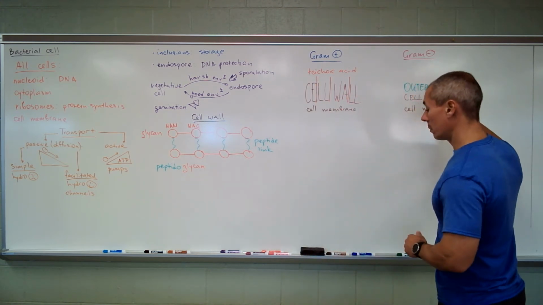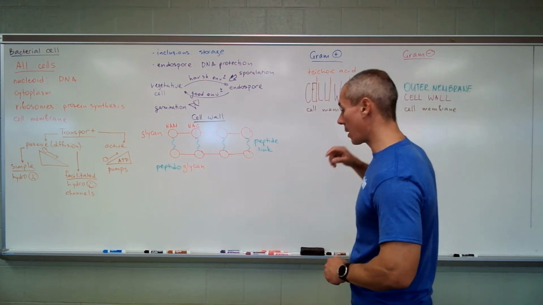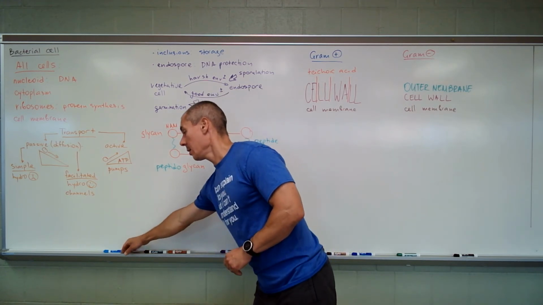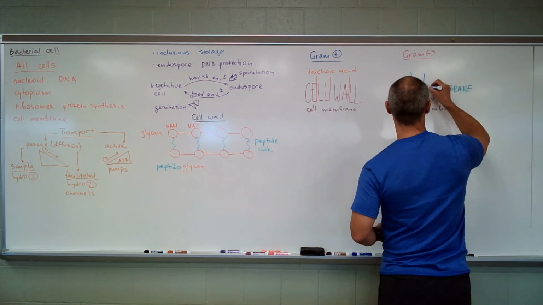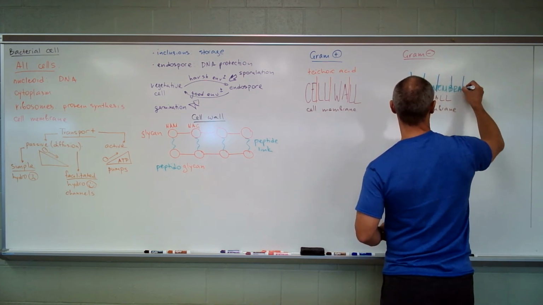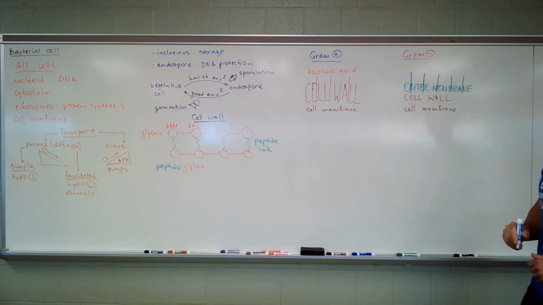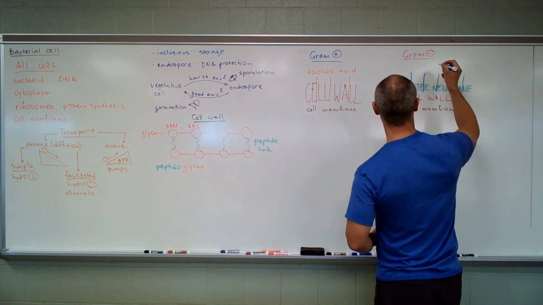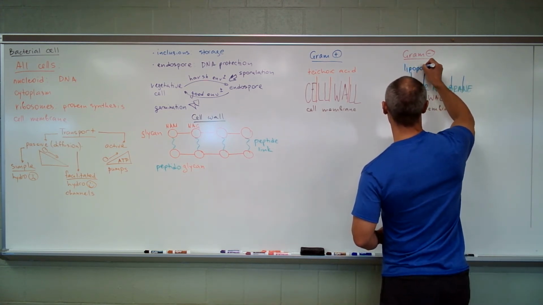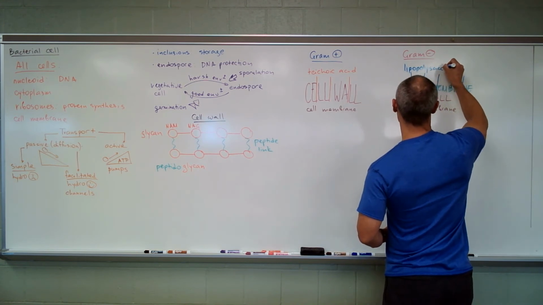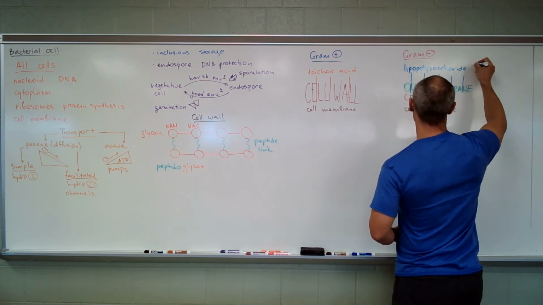And what about the gram-negatives? Turns out gram-negatives have a fascinating molecule that also sits in the outer membrane, okay, not in a cell wall, in an outer membrane, which is called lipopolysaccharide, or LPS.